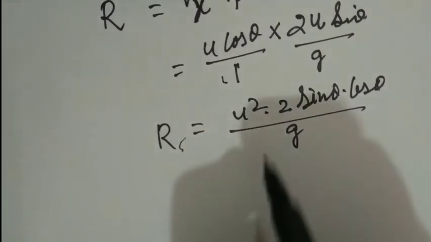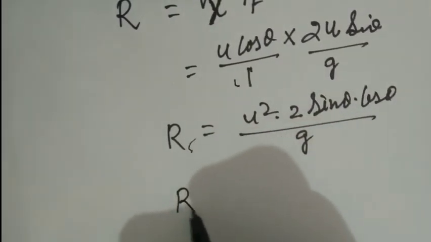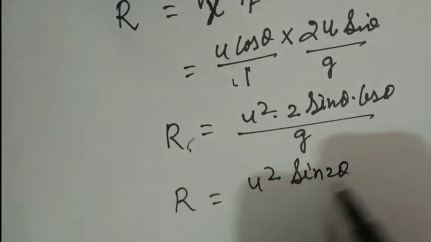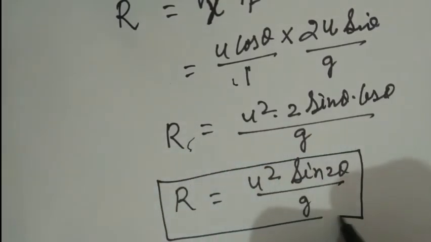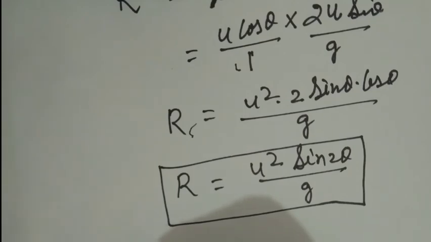This is the range. Since 2 sine theta cos theta is equal to sine 2 theta, the range is u square sine 2 theta by g. This is the expression of the horizontal distance covered by the projectile, called range.